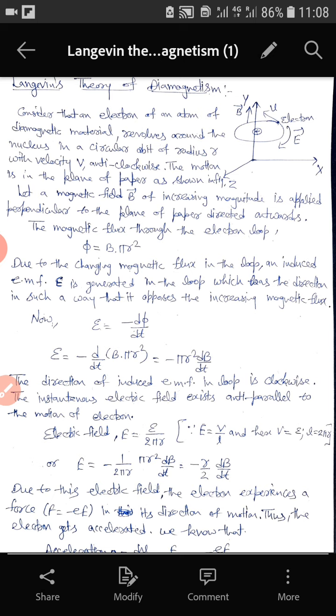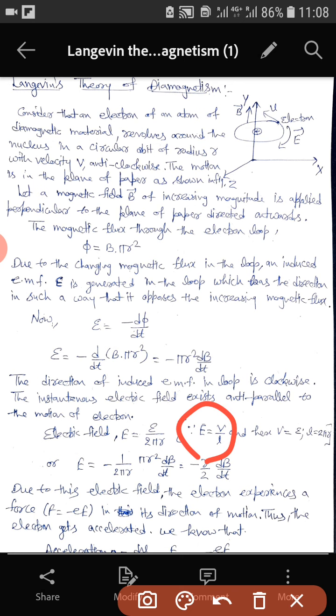And that electric field will be how much? It is given by EMF by the path. In general, the electric field is defined as voltage per unit length, V by L. The induced EMF is nothing but the voltage, and instead of L now we have 2 pi r, which is the circumference of the loop in which the electron revolves around the nucleus.